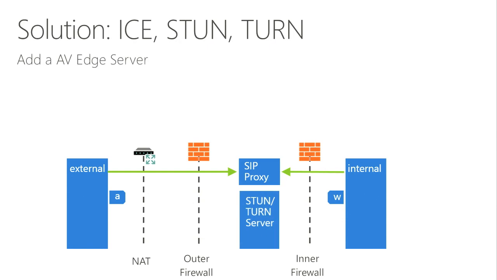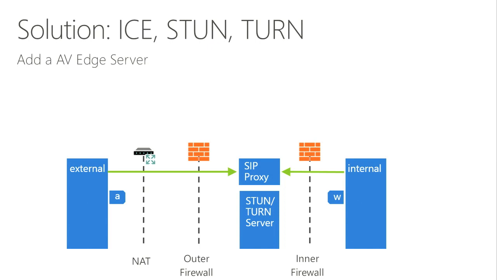AV Edge server. And our AV Edge server has actually two components. First, it's a STUN server. Second, it's a TURN server. The STUN component helps us to discover our reflexive address, to tell Alice, the external client, what the public IP address is.